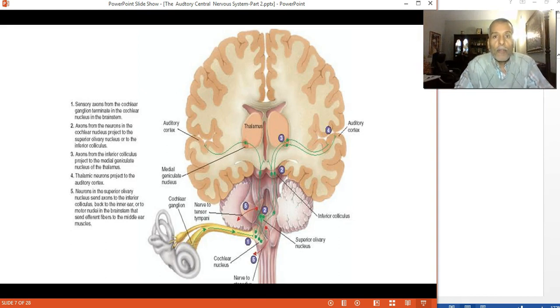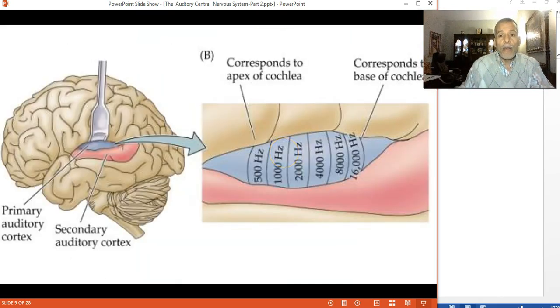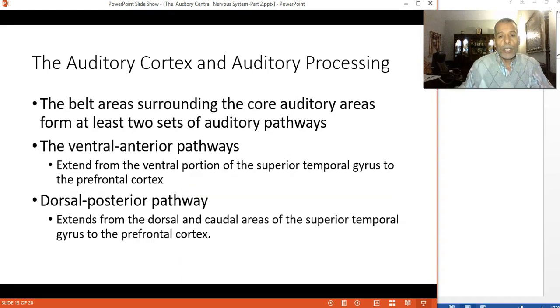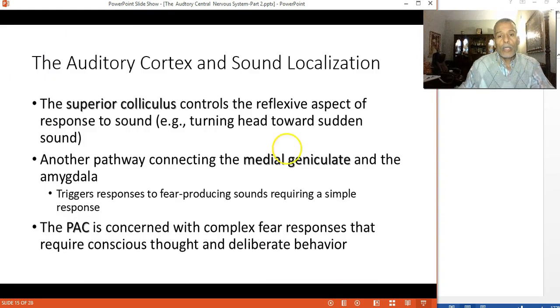The stress response needs to be deployed when you hear a sound like this. And immediately the auditory visual reflex is also going to be activated. That is a very quick action that is needed so that you connect your emotional system with your auditory system.